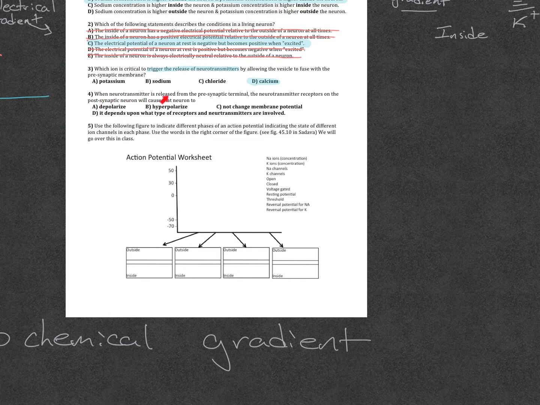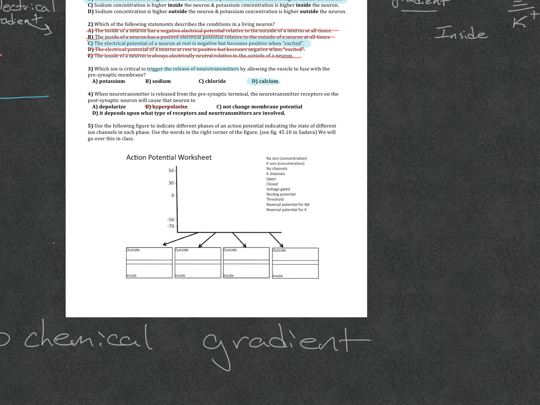When the neurotransmitter is released from the presynaptic terminal, the neurotransmitter receptor on the postsynaptic neuron will cause the neuron to depolarize. So let's go through the possibilities. Hyperpolarize doesn't make sense. It's going to open up the channels and let things out.